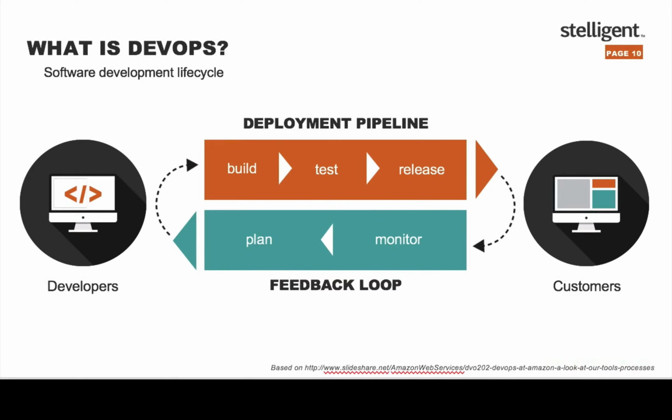Anytime you spend building the pipeline itself or hand-holding changes through the pipeline, you're not delivering value. So you want to maximize the time you spend on the left side and minimize the time you spend in the middle. It's these two things that make up DevOps. DevOps is about any efficiency you can drive in the middle, in this deployment pipeline or the overall process, that allows you to increase those feedback loops and get more feedback from your customers.